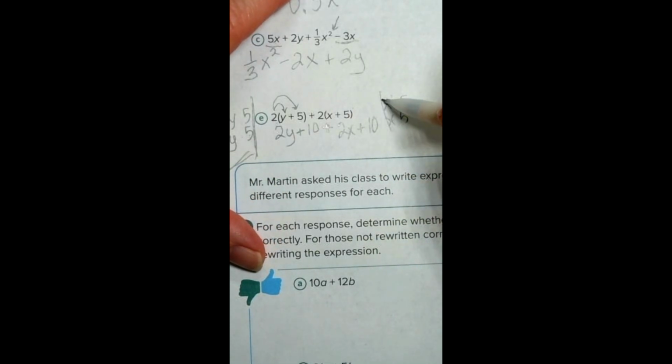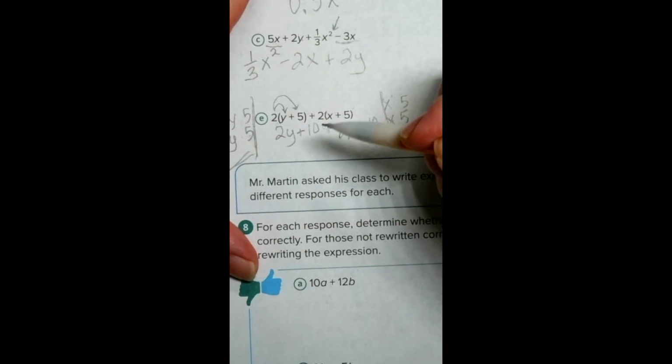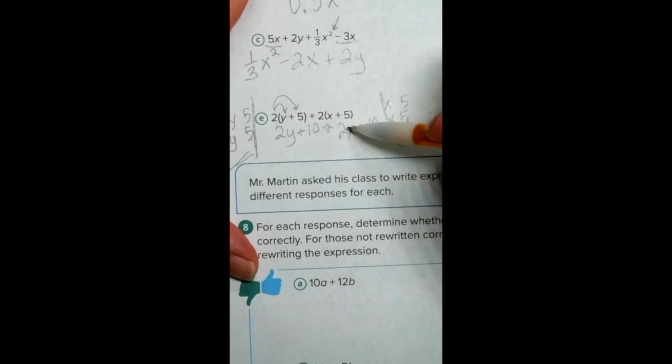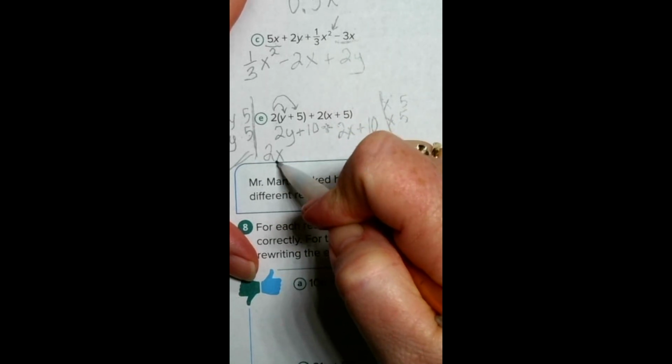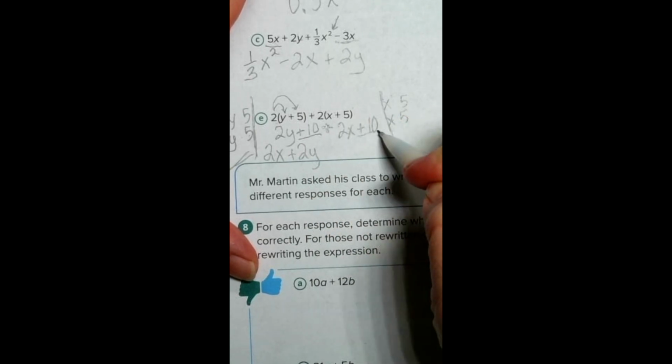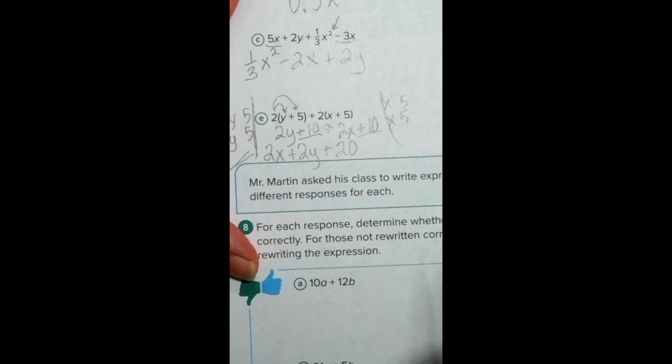And again, this is just part of our thinking. So now the only thing that we have that's alike, we don't have anything to combine with the y's or the x's. So I'm going to rewrite 2x plus 2y. But then our constants are numbers, and they're called constants when they do not have a variable. We have 2 of those, so 10 plus 10 is 20. And there we are done with that one.